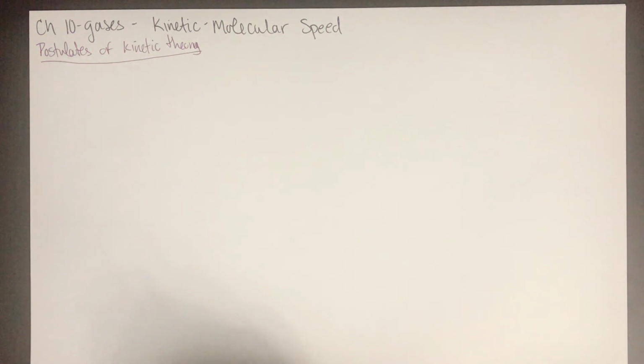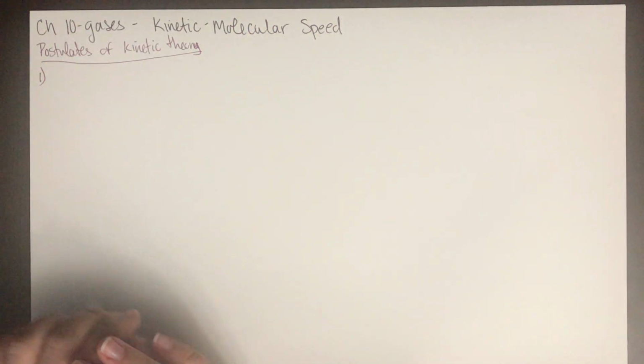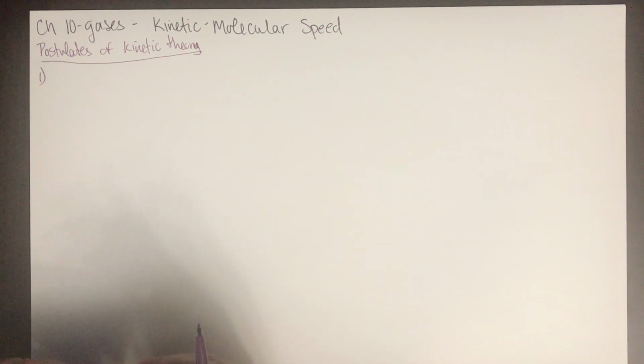Okay, postulates of kinetic theory. So these are written out in your textbook and the PowerPoint slides. I'm just going to abbreviate them and talk about what each of these means. The first one says that gas molecules are so small that their size is essentially negligible.